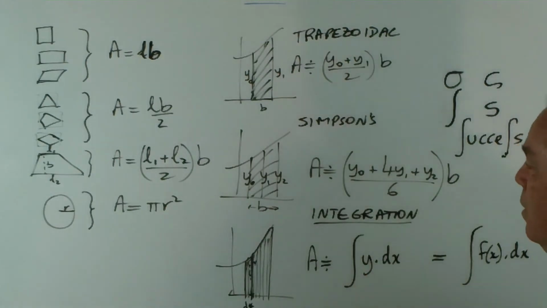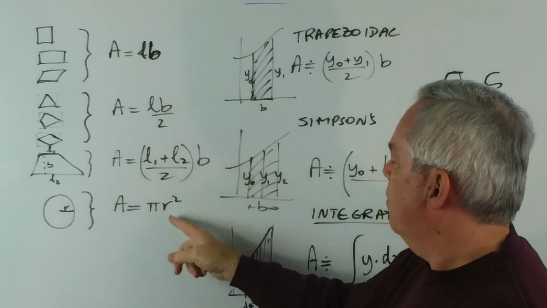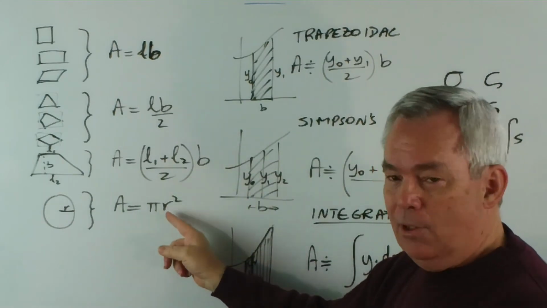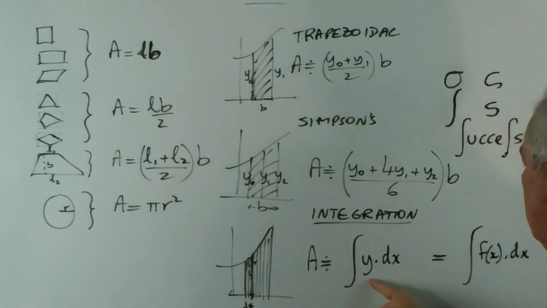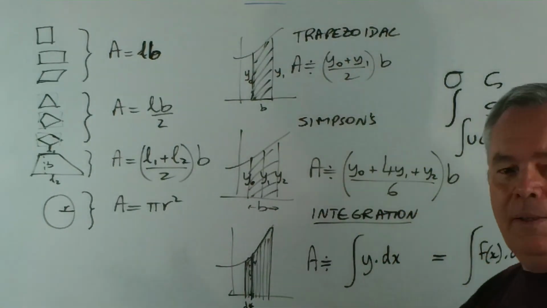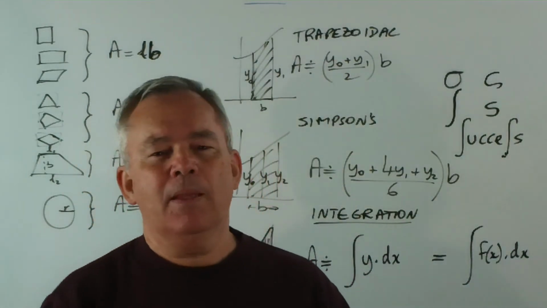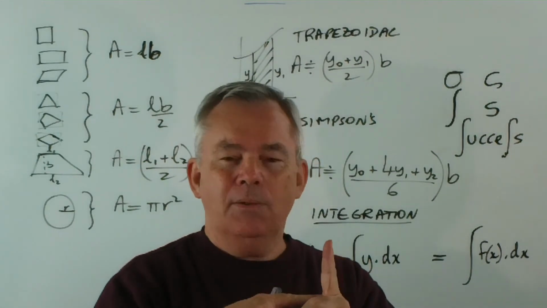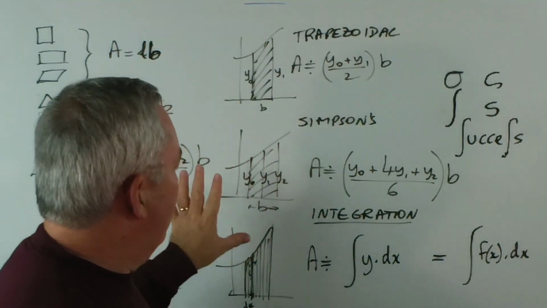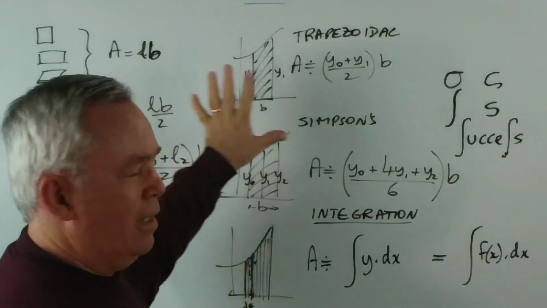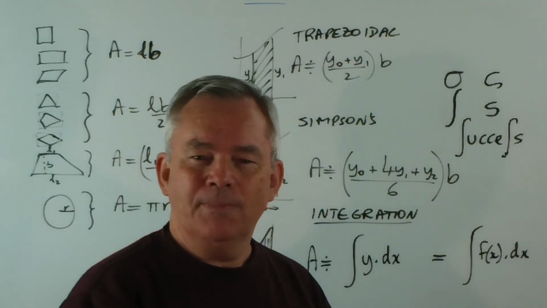I just want you to see length times breadth, average length times breadth, r times r, average length times breadth, length times breadth. All of our attempts to find areas involve multiplying two values, two lengths together, a length times a breadth. And I hope that has sort of tied together our area finding skills for you.